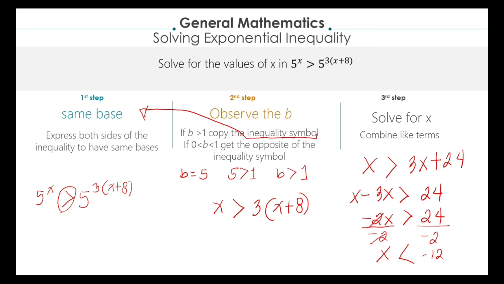So, lagi niyong tatandaan, when you divide or multiply a negative integer, at ang iyong given ay inequality, you have to get the opposite symbol of that inequality. So, now, the possible values of x is less than negative 12. So, lahat daw ng values ni x that is less than negative 12 will satisfy your exponential inequality.